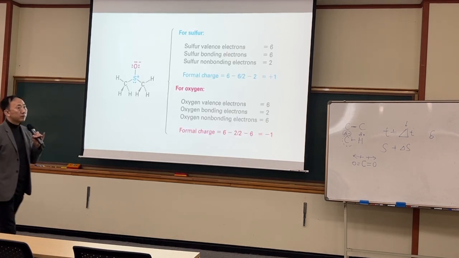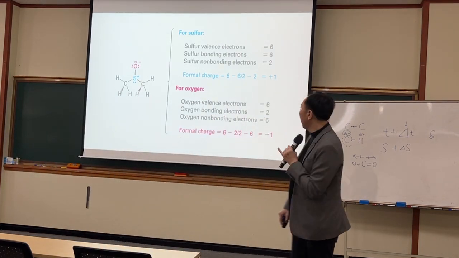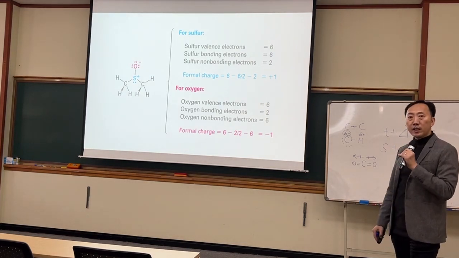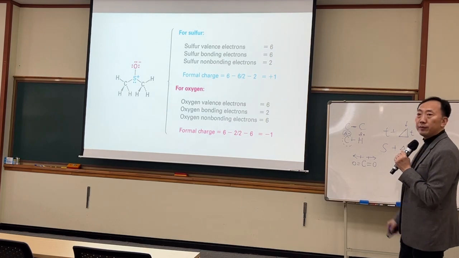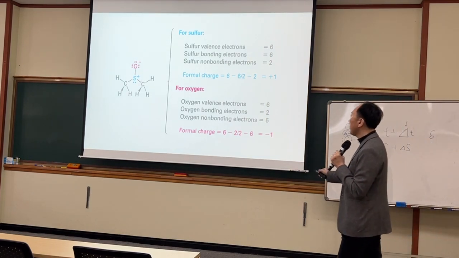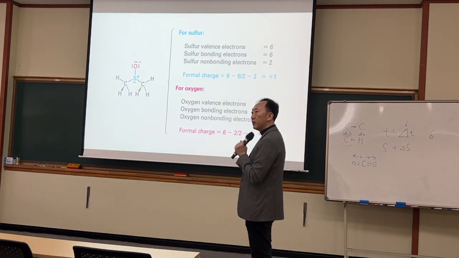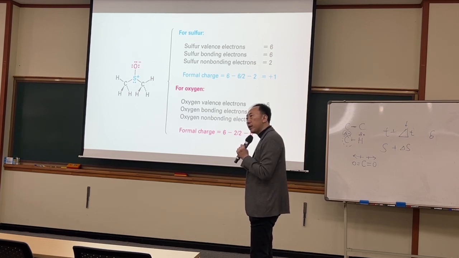Practice. So here is the oxygen. If you look at the oxygen, originally it had 6 electrons. Now it has 1 bond and 3 pairs of lone pair electrons. Then in the ending position, 1 bond is 1 electron, and 3 pairs of electrons is 6 electrons, totally 7.